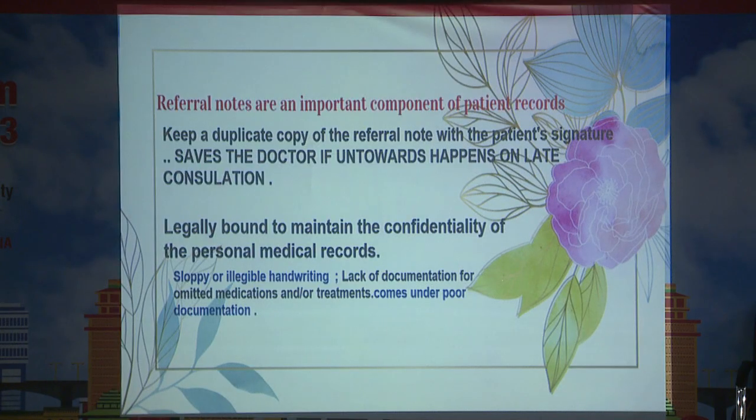Again, when we are doing referral, we have to put everything on the referral note. By law, we have to keep the duplicate copy of the referral note with the patient's signature, showing that at this time I was advised to go, this time I was referred. If something goes wrong, only that document can save the doctor.